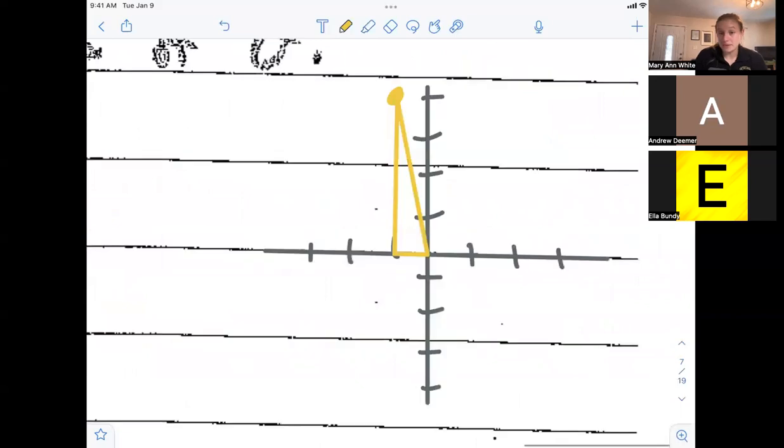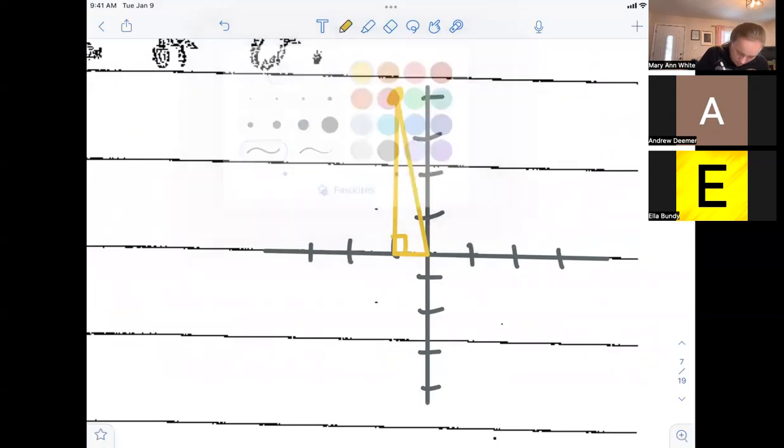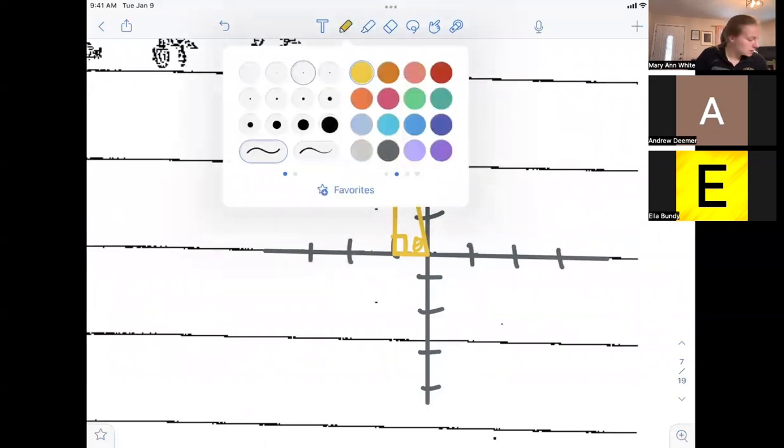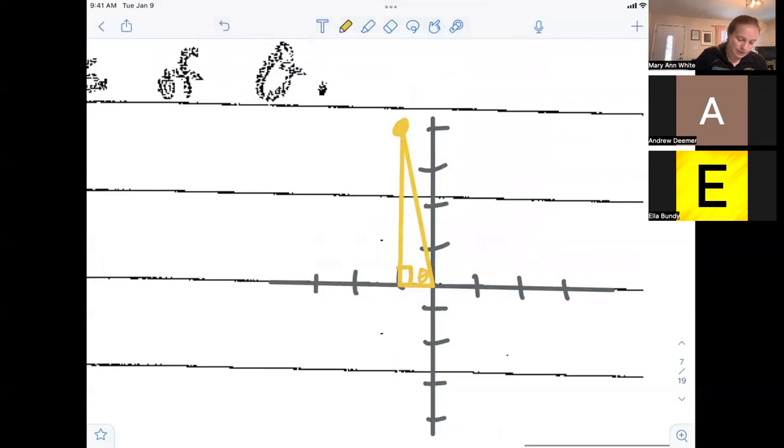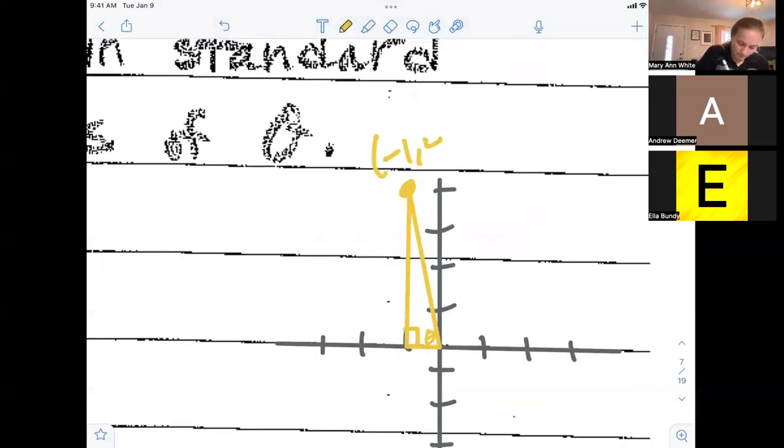Sorry, he's so skinny, but that's what that triangle looks like. So angle theta, oh, almost too small. There's my theta. And again, we know that our point was -1, +4. My x is -1. My y is 4.